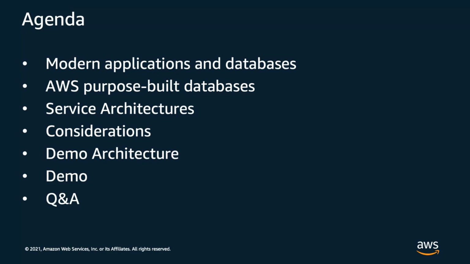This is going to help show how these services were purpose-built for the cloud to overcome challenges of traditional databases. I'll discuss considerations for this architecture before giving you an overview of the demonstration we're going to be showing you. Zach's going to walk us through that demonstration on how you can utilize this architecture in a real world scenario, and we'll finish off with a Q&A session.